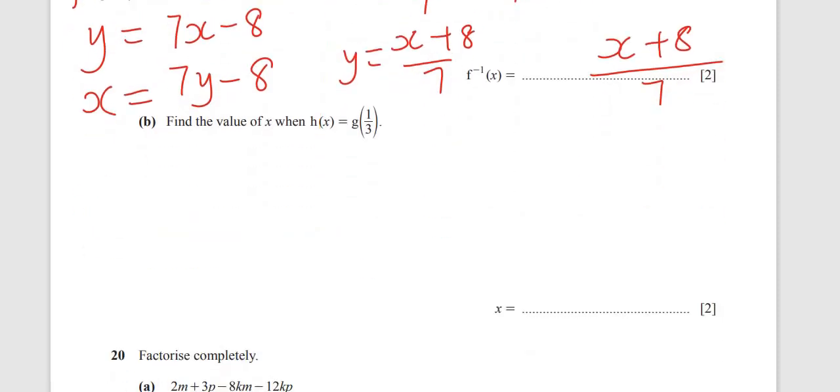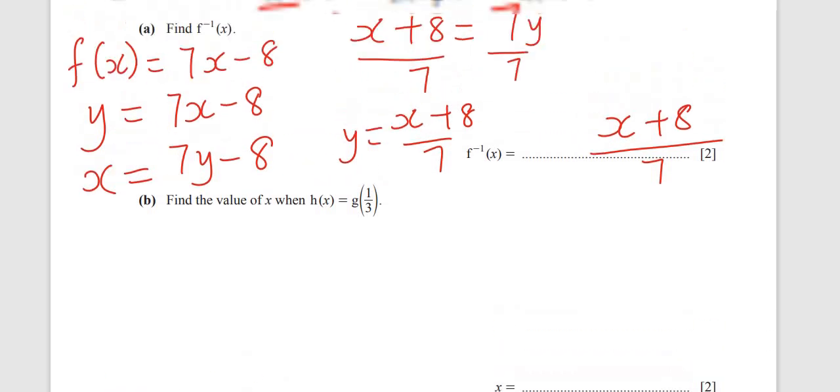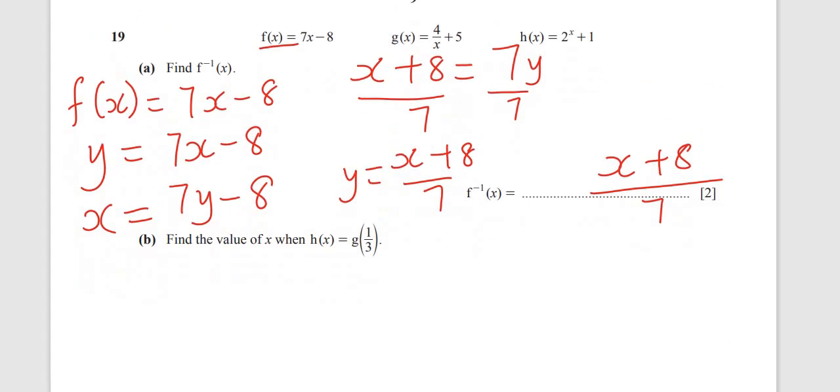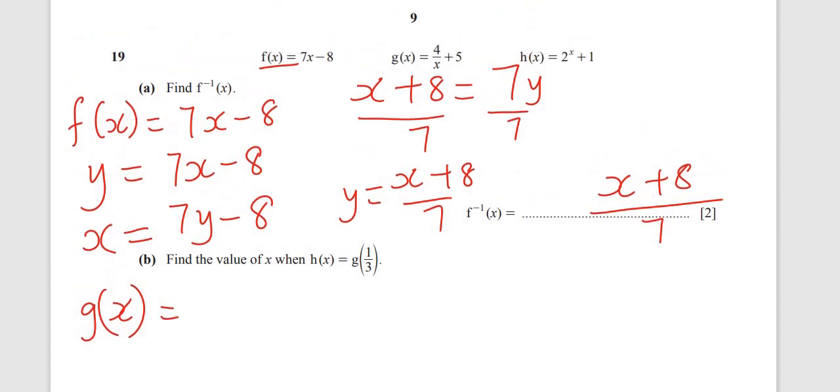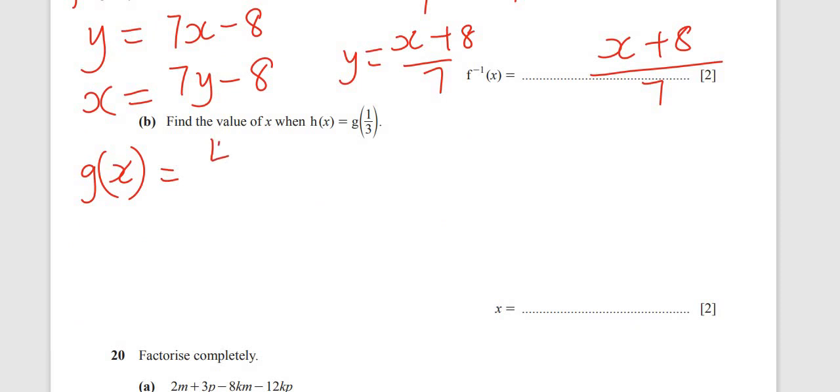Then question B says find the value of x when h of x is equal to g of 1/3. So let's first find g of 1/3. So g of x is equal to 4 over x plus 5. So to find g of 1/3, we just need to substitute x with 1/3.